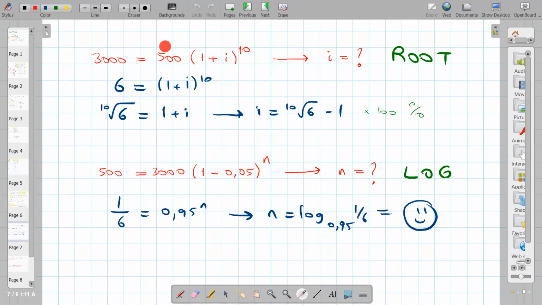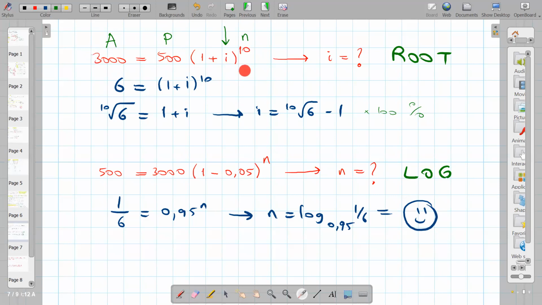You know you are going to receive 3,000 rand after 10 years. Those are the things that we are given. We are given A, we are given P, we are given N. What the question is, is the interest rate. So what must the interest rate be that makes your 500 rand grow to 3,000 after 10 years? Those are the things that we know.